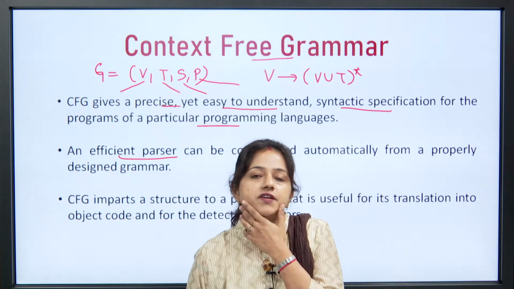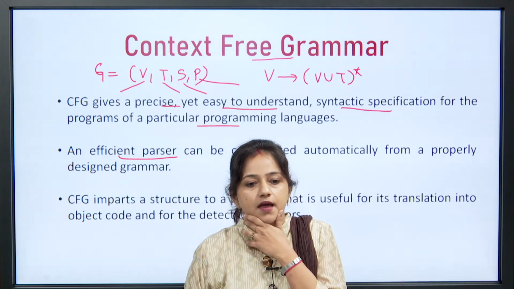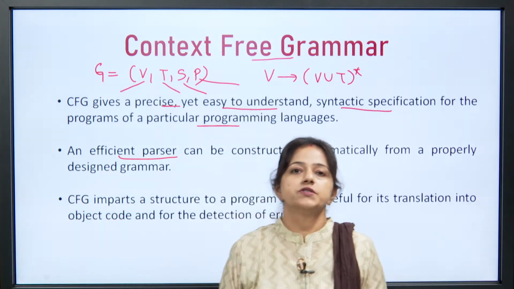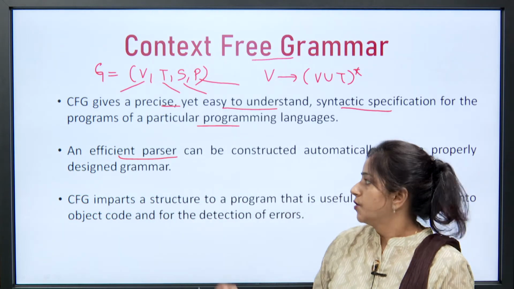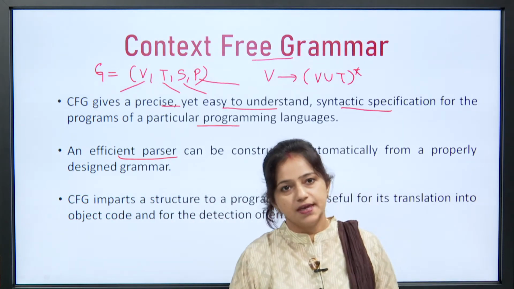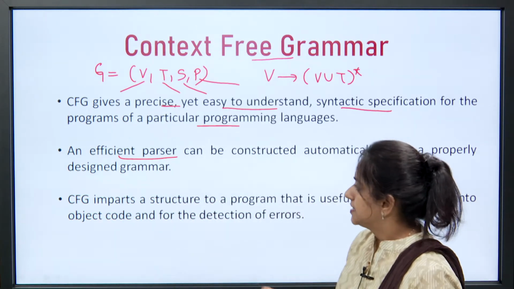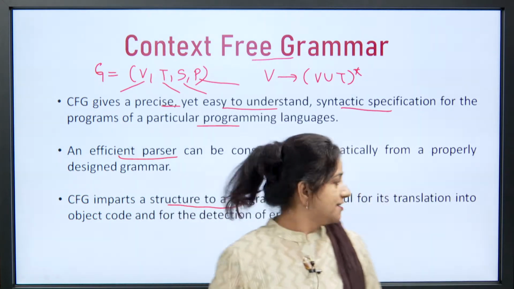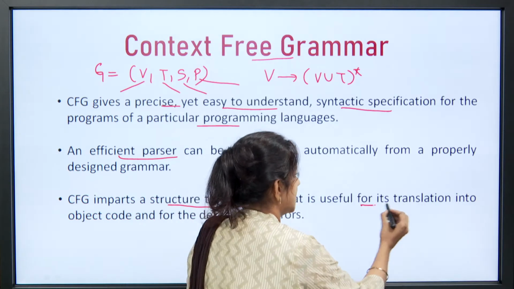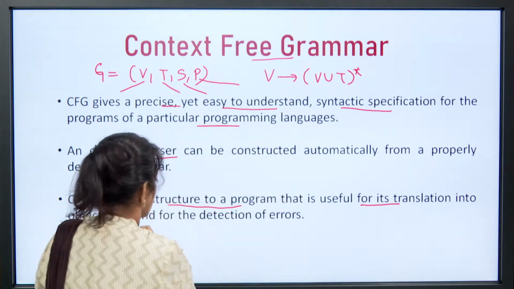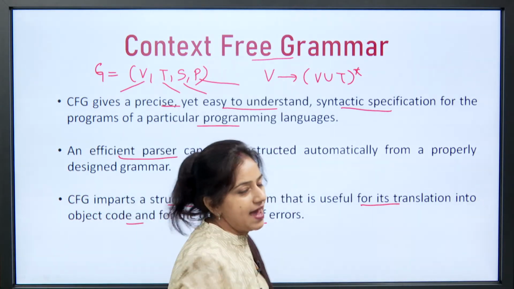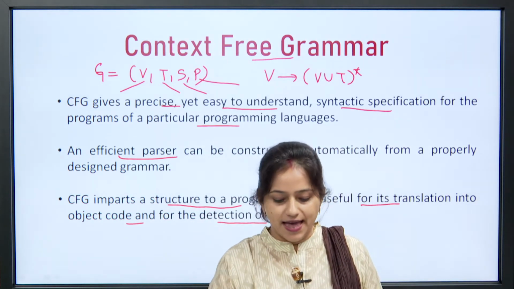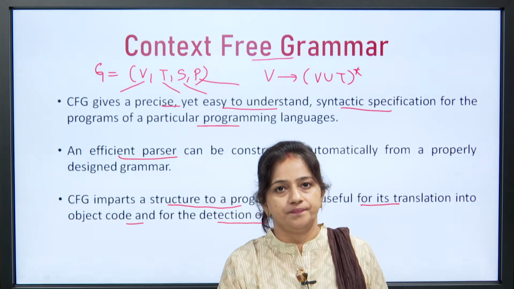If it is not efficient, then sometimes it may have constructs that are difficult to parse, or may be producing an ambiguous grammar. So, it is desirable that the parser should be efficient. Next, CFG imparts a structure to the program that is useful for translation into object code or for detection of errors. So, it aids in producing object code as well as detecting errors.